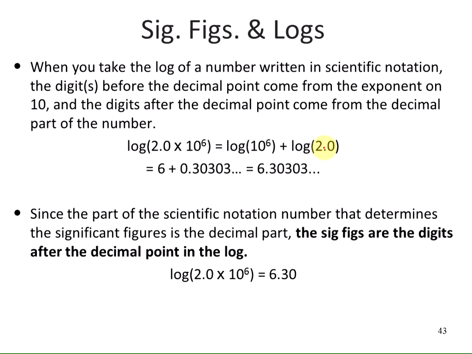Now notice that in our calculation, our number that we're taking the log of has two significant figures. The significant figures come after the decimal place. So since the part of the scientific notation number that determines the significant figures is the decimal part, the sig figs are the digits after the decimal point in the log. So if we round this to the appropriate sig figs, the answer should be 6.30. So this number actually has two sig figs rather than three significant figures.